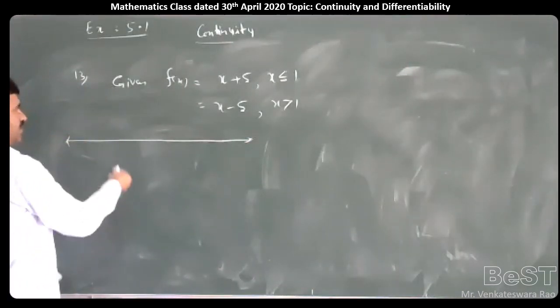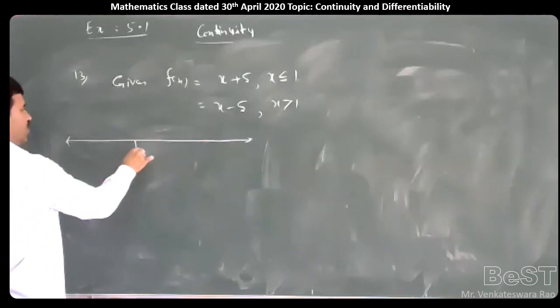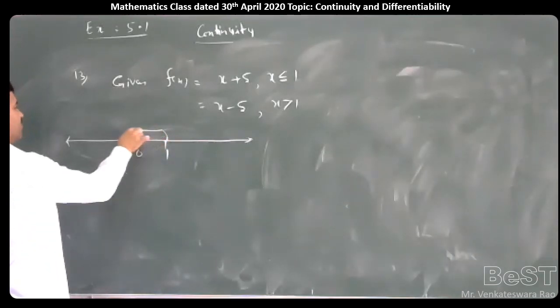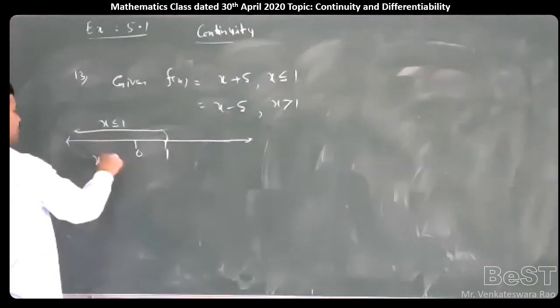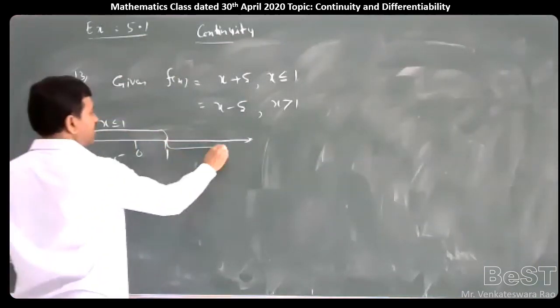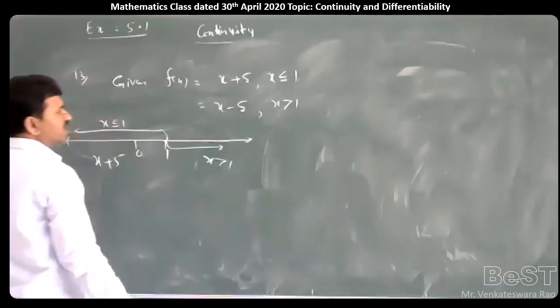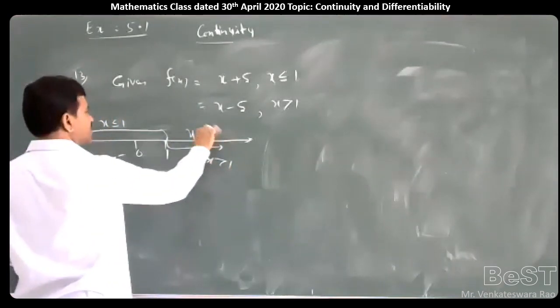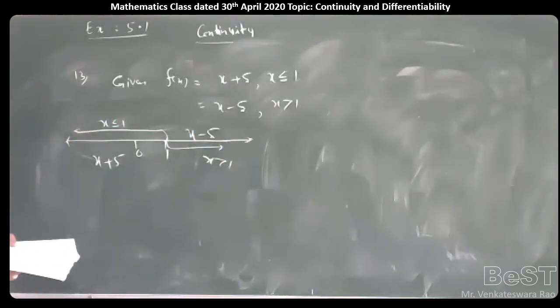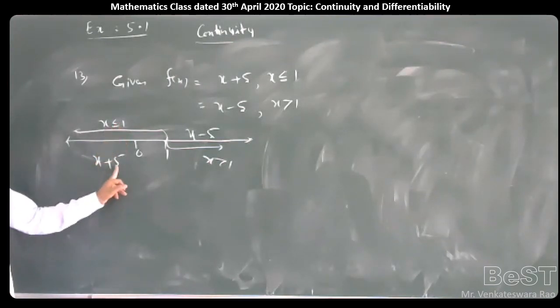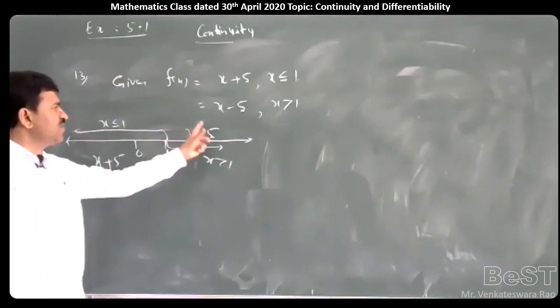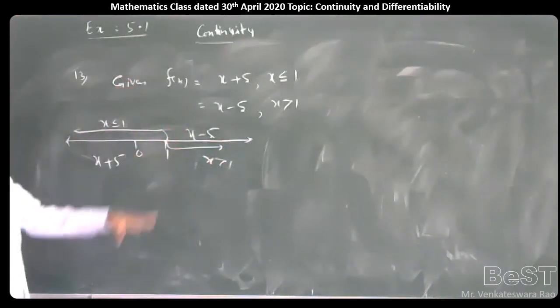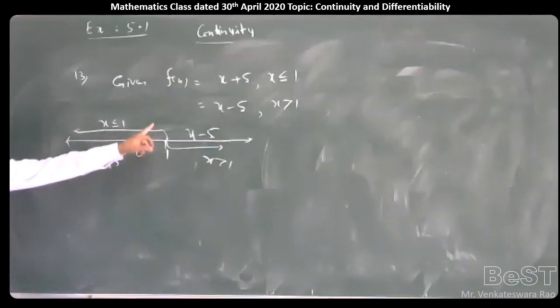See, x is equal to 1. When x is less than or equal to 1, the given function is x plus 5. When x is greater than 1, the given function is x minus 5. When x is less than 1, x plus 5 is a linear function, so it is continuous. When x is greater than 1, x minus 5 is a linear function, so it is continuous. Only the doubt is at x is equal to 1.